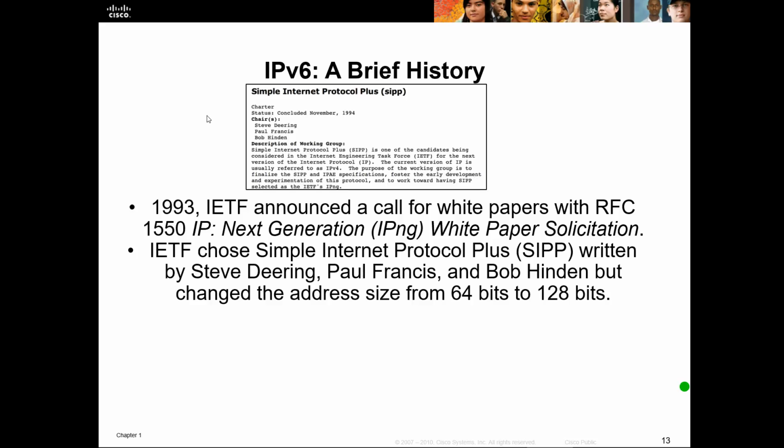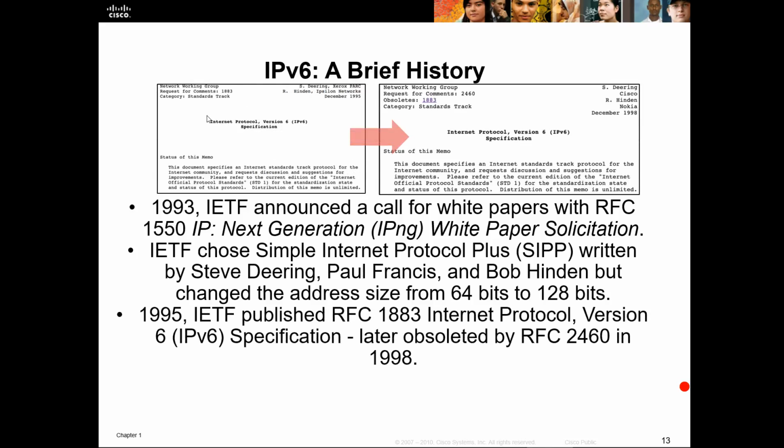This is actually IPv5, which we'll talk about here shortly. In 95, they introduced RFC 1883, which dealt with IPv6, and that was later made obsolete by RFC 2460 in 1998.